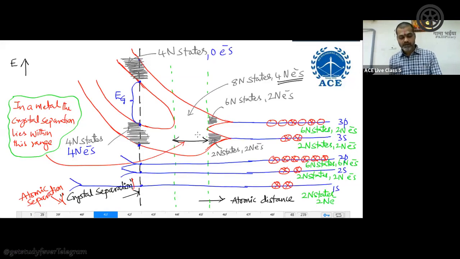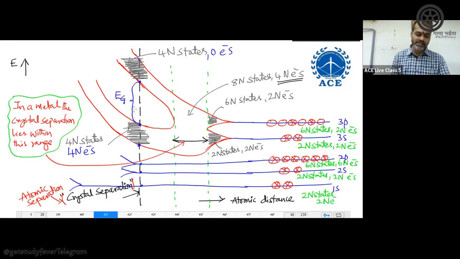Depending upon the interatomic distance, you can see from this point onwards what is happening. The energy levels that I have here continuously are split into two bands. One is called the valence band, the other is called the conduction band, separated by the energy gap.